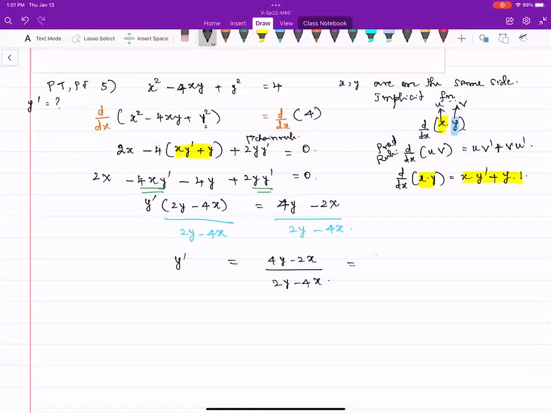If you factor the 2 out, it is 2 times 2y minus x divided by 2 times y minus 2x. So we can cancel that, and the answer becomes 2y minus x over y minus 2x. That is the derivative, and we used the implicit differentiation technique for this problem.